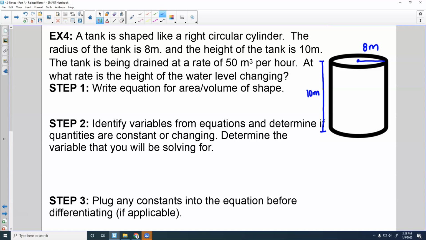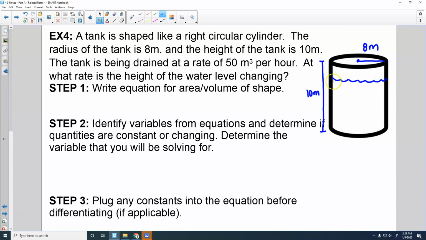So we got water in this tank. Is the tank full? We don't really know. It didn't tell us, right? It might have been full whenever it started. We do know it's being drained, so it's not full the whole time, right? So what's happening is as it drains, our water level is dropping, right?